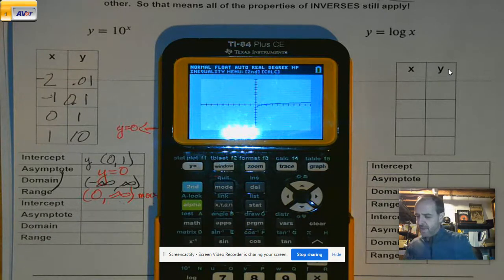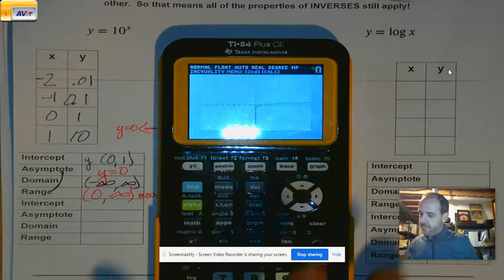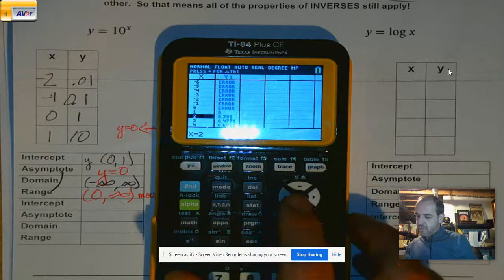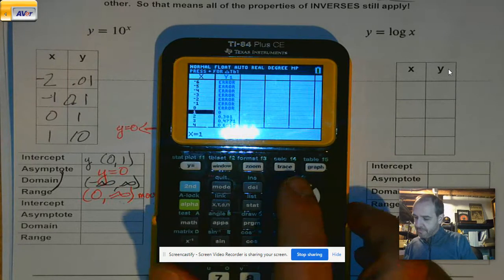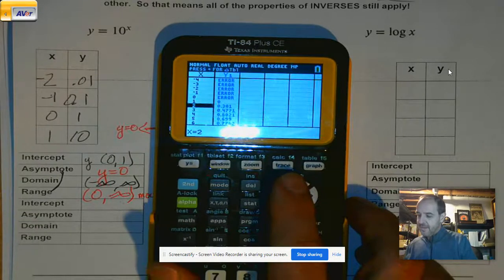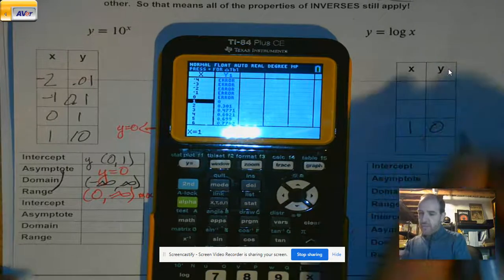Now let's think about this for a minute. When we were graphing before, let's pull our chart. So now this time, here's the deal. Here's 1, 0.